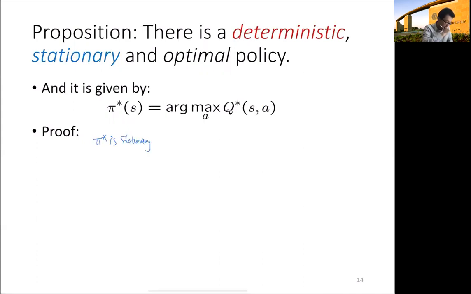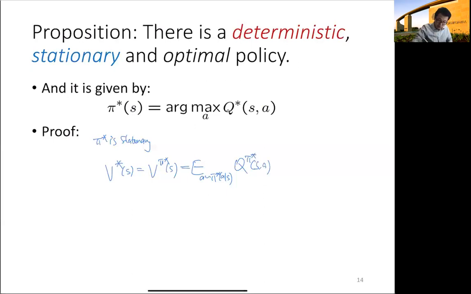Then we know that V star of S is equal to V pi star of S. Because we now have these Bellman consistency equations, we can unwrap this by saying that now I'm drawing from this distribution given S, and then we can replace this with the Q pi star function.